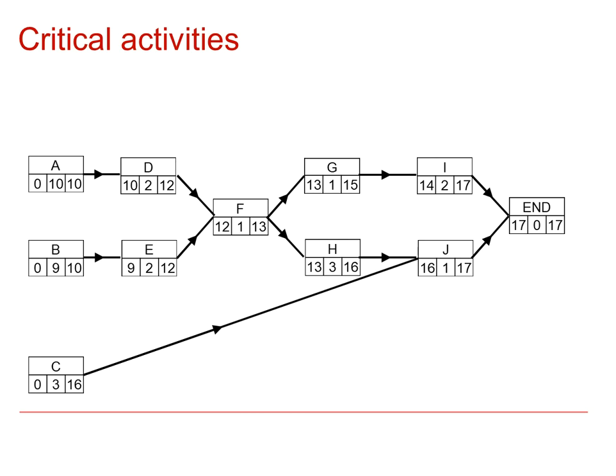So here's a network activity diagram that we looked at in an earlier video with all the early and late times on there. We want to look for the activities which are critical, in other words, they've got 0 float time.